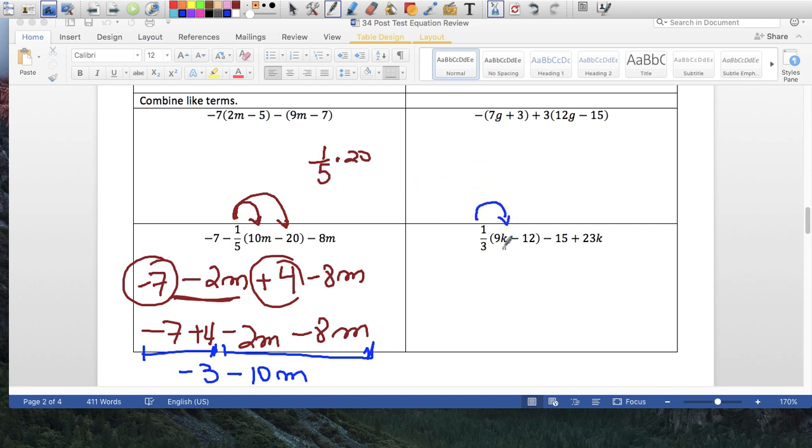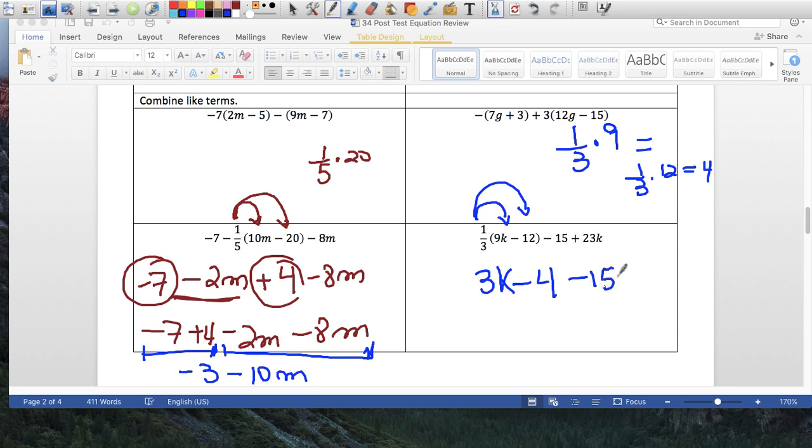Positive times a positive, 1/3 times 9. So in the calculator, you're going to put 1/3 times 9. And that's going to give you 3, and 3k. Don't forget the k. Positive times a negative is a negative. And 1/3 times 12 is going to give us 4. Then minus 15 plus 23k.